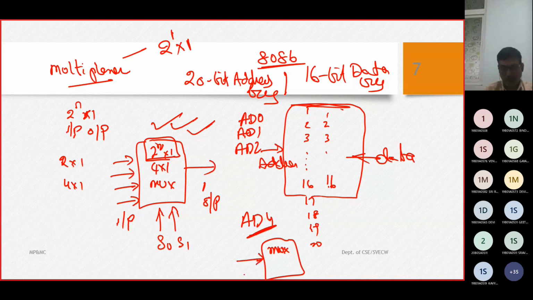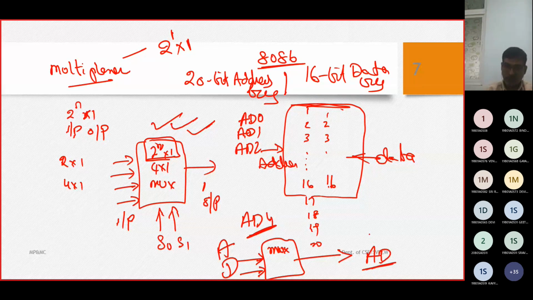That means I have two inputs, one A, another D, and only one output, which I call AD. A stands for address and D stands for data.